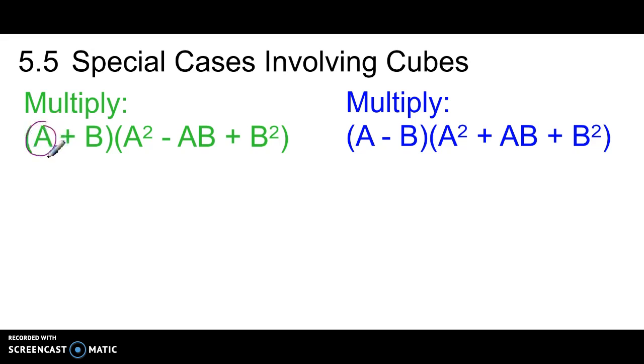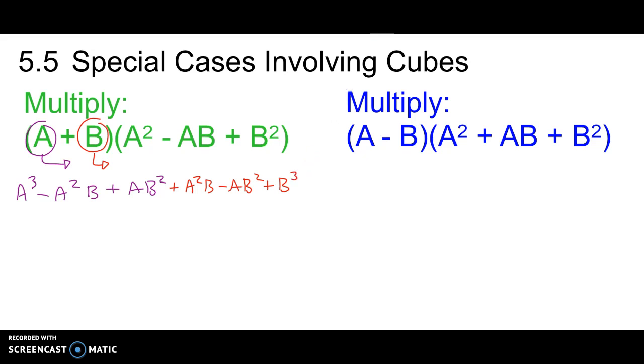I'm going to take the A and distribute it through, and I'm going to take the B and distribute it through. When I multiply by the A, I get a to the third minus a to the second b plus ab to the second. And when I multiply by the B, I get a to the second b minus ab to the second plus b to the third.